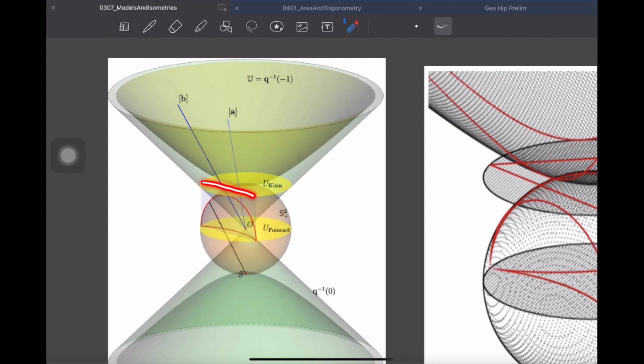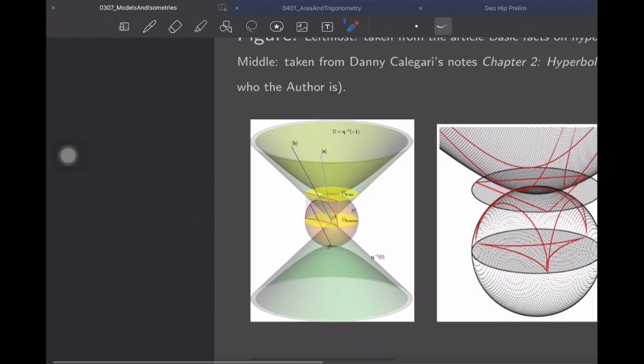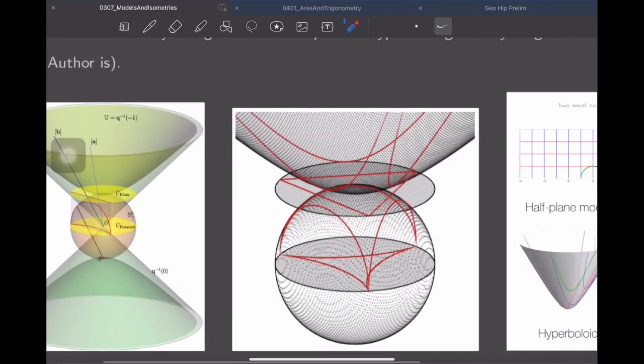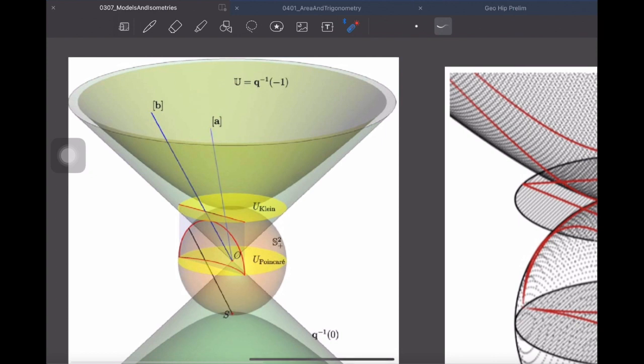Because you were talking about a plane. So the shortest curves of the hyperboloid are mapped to Euclidean straight line segments in this Beltrami-Klein disk.